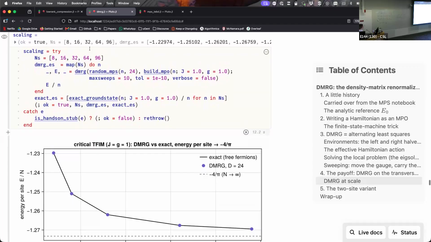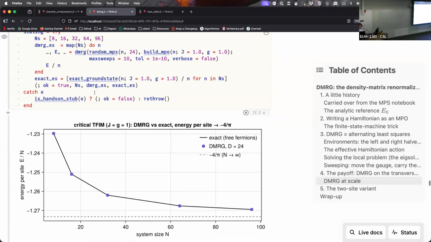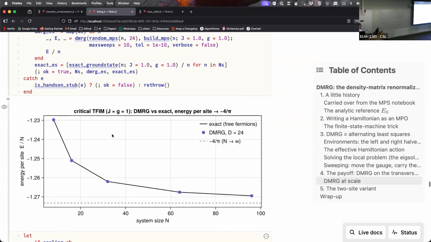One thing you can do here is, because you have access to large system sizes, you can start asking questions about thermodynamic limits. In particular, you don't ever care about 100 sites. You care about what happens if I go to 1,000 sites, what happens if I go to 1,000,000 sites. And so you can do an extrapolation in system size.